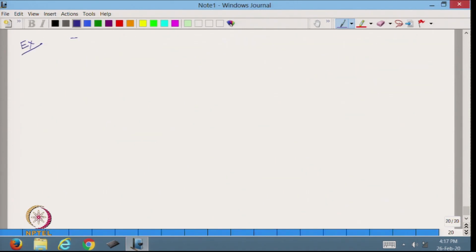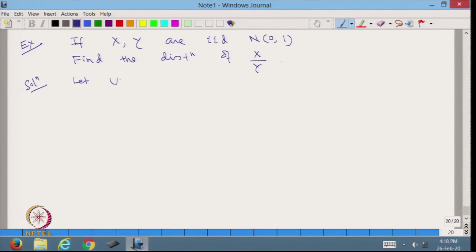Another example, if x and y are IID normal 0 1, find the distribution of x upon y. So, as before, let u is equal to x by y and let v is equal to y. Therefore, y is equal to v and x is equal to u v.